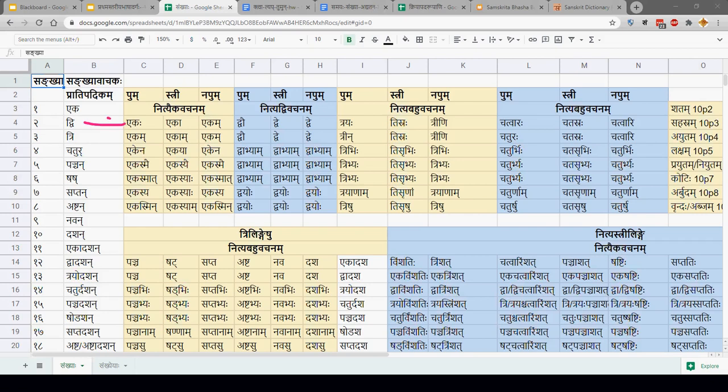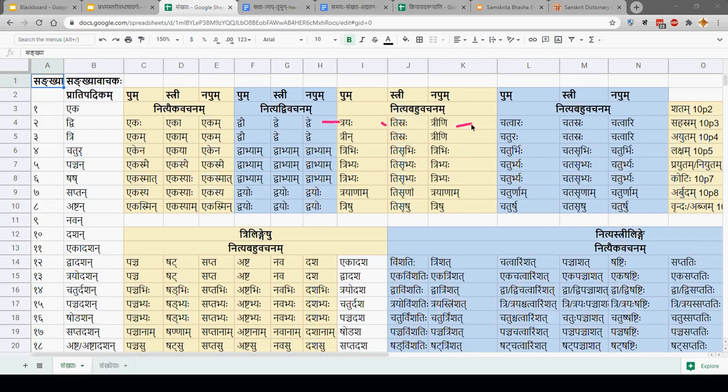If you look at this row, you see the Prathama vibhakti: Ekaha, Eka, Ekam. Then Dvau, Dve, Dve. Here you see Pum, Stri, Napunsaka, meaning Pullinga, Strilinga, Napunsakalinga: Ekaha, Eka, Ekam, Dvau, Dve, Dve.